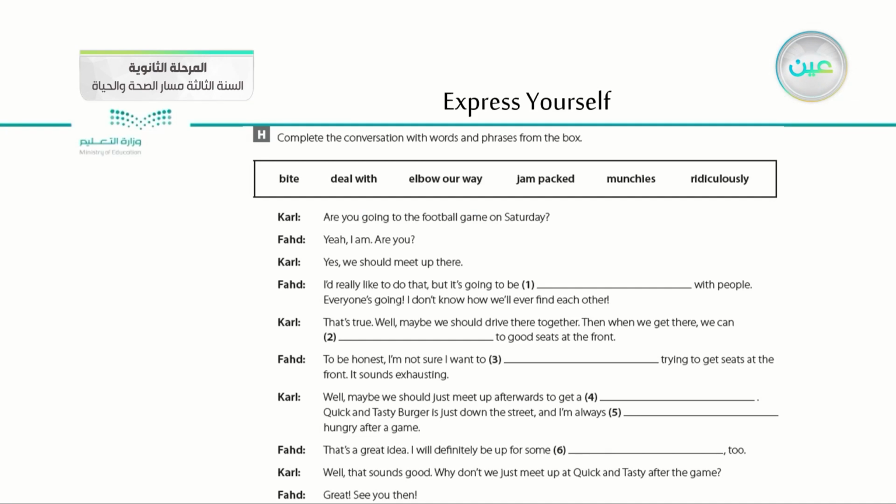Now let's go to page 50 on the workbook. We have here an exercise, which is exercise H. Complete the conversation with words and phrases from the box. We have in the box 6 words and expressions. And you are asked here to put these words and expressions in the suitable blanks.